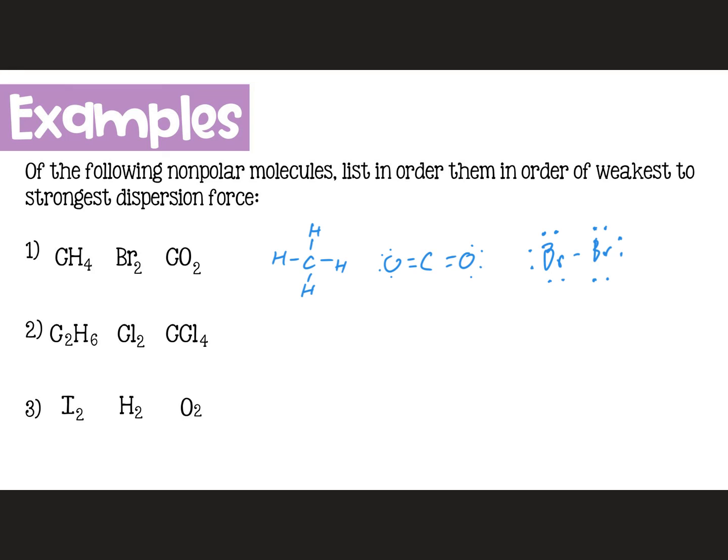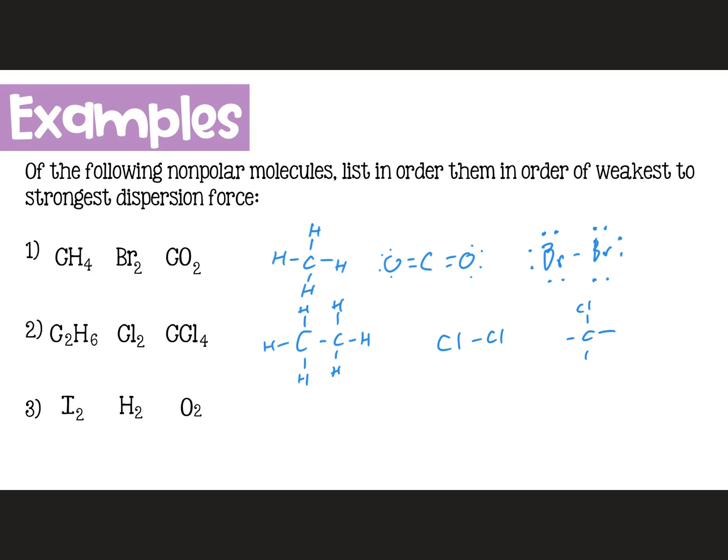Now, if we look at C2H6, then we see that there are a bunch of hydrogens on the outside, and hydrogen has very few electrons, so it's going to have a very weak dispersion force. Now, for the other two molecules, we have Cl2 and CCl4.